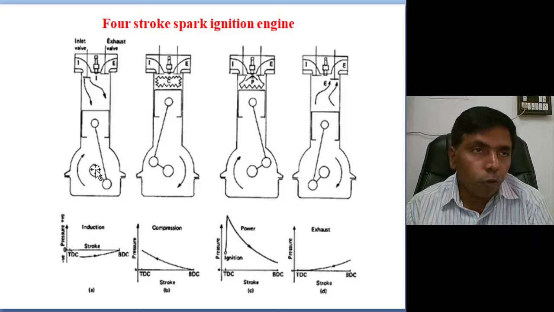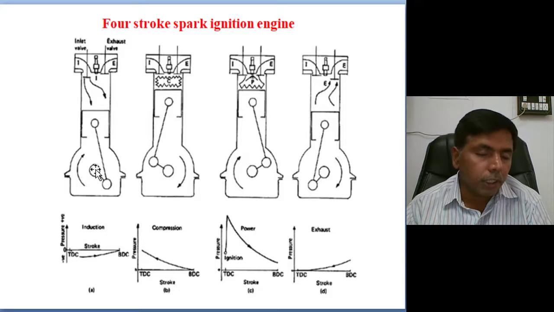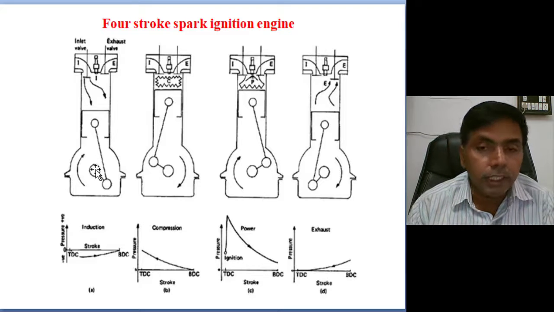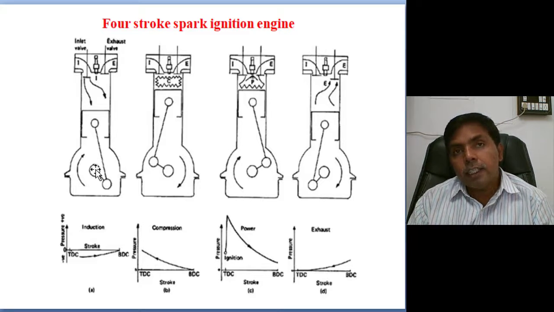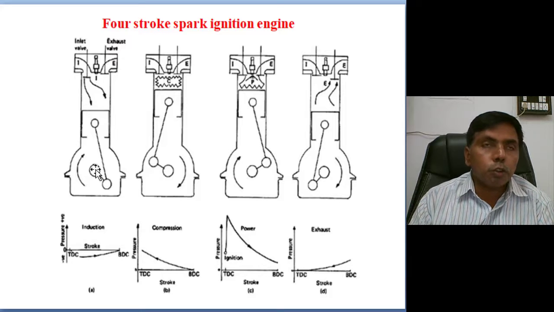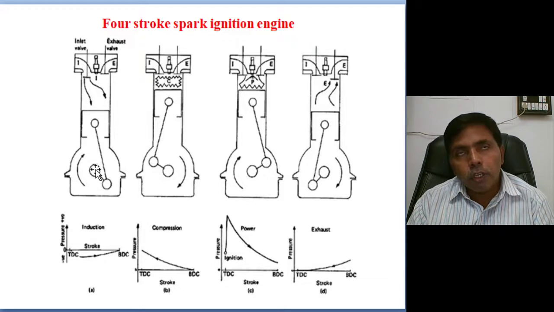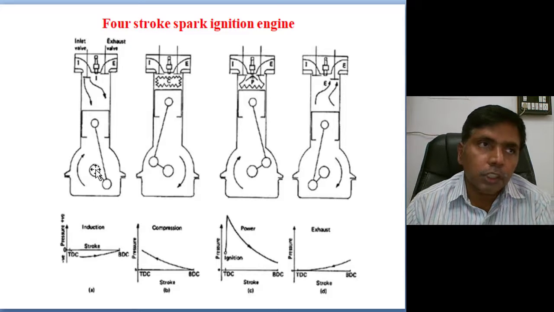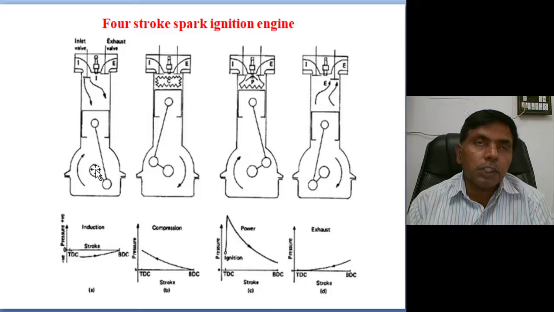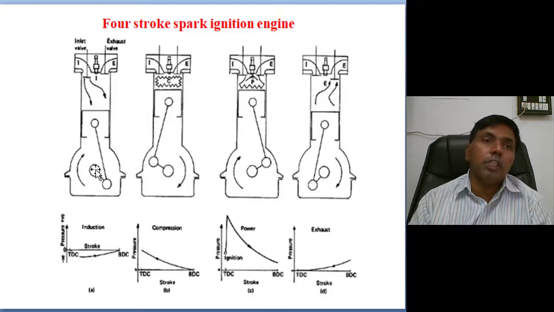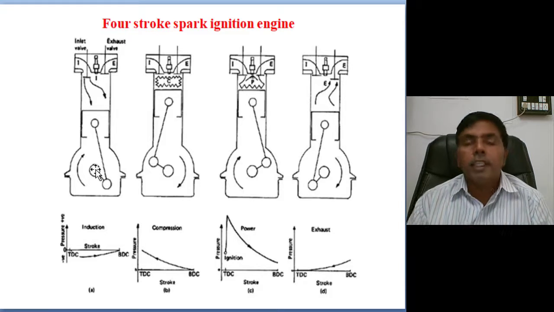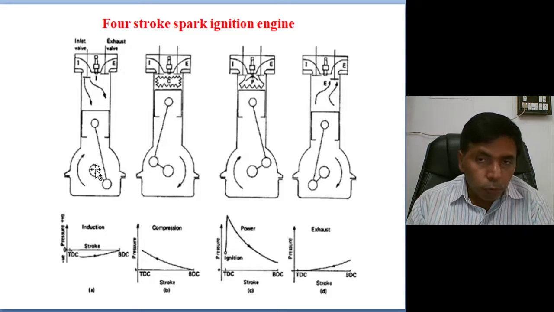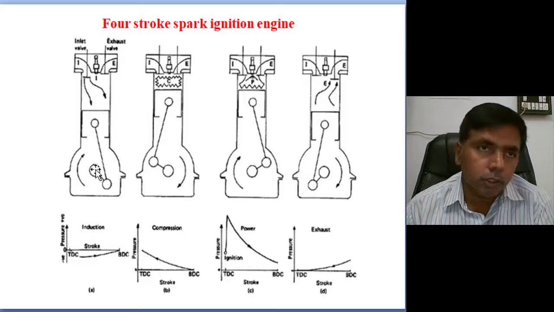If it takes 4 strokes, meaning movement of the piston from TDC to BDC or BDC to TDC, or 2 revolutions of the crankshaft, then it is called a 4-stroke engine. So what is the difference between the 4-stroke and 2-stroke engine?